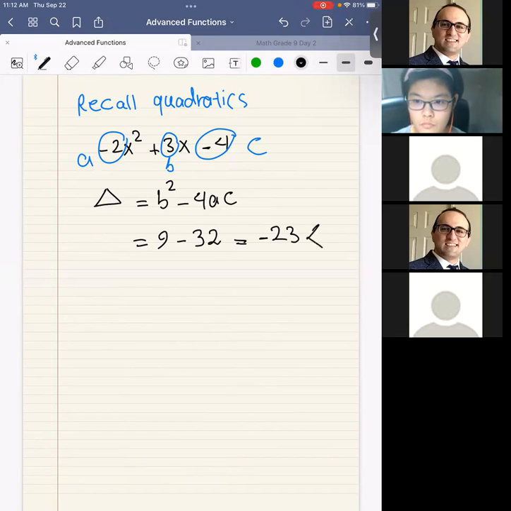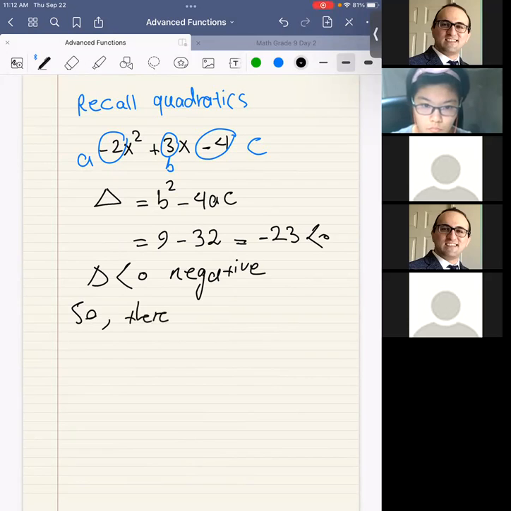This is a negative number. When the discriminant delta is negative, there is no root. So delta is negative, so there are no roots.